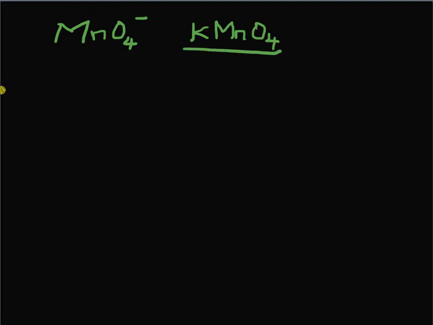It is one of the chemicals which is most familiar to you. You use a solution of potassium permanganate to estimate the amount of ferrous ion or oxalate ion, C2O4 2 minus, present in the solution.